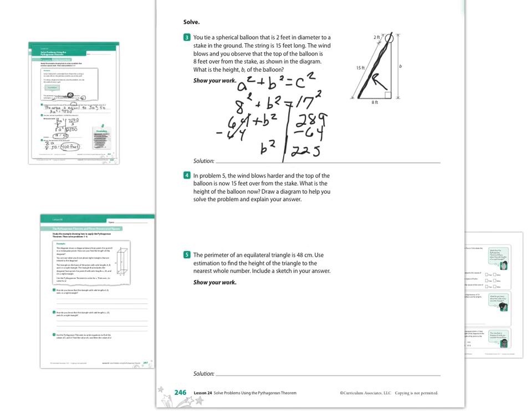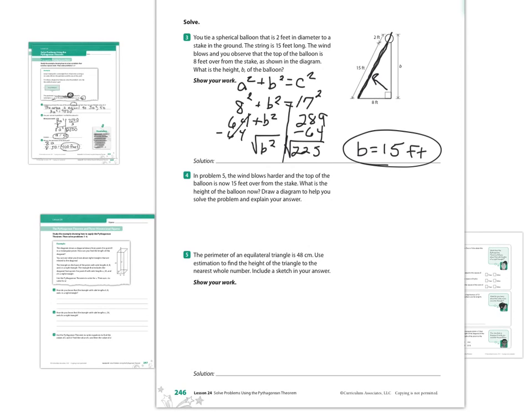Hey, the inverse of squaring an equation is find the square root. So to find the value of b, we take the square root of 225. b is equal to 15. So the height of the balloon would be 15 feet.